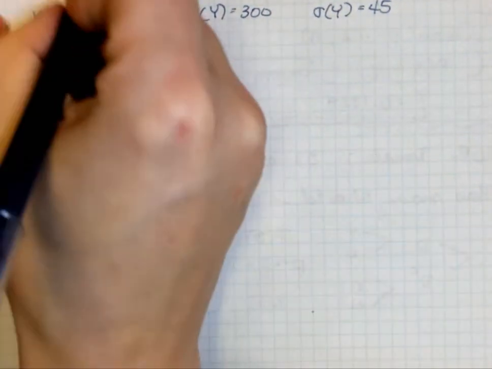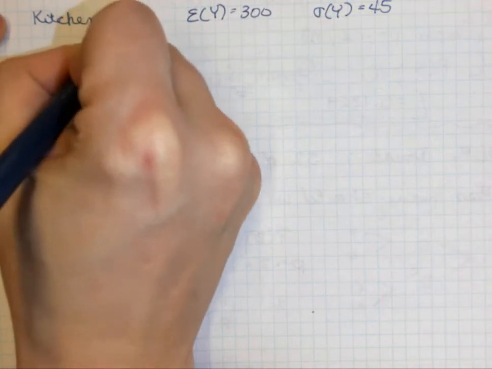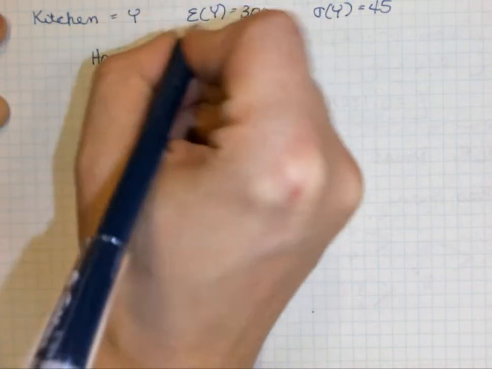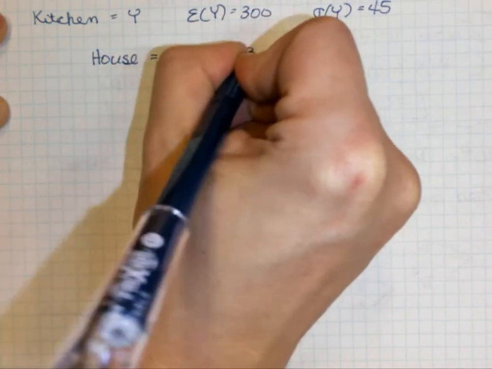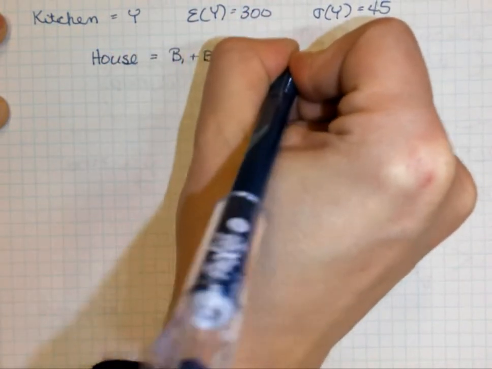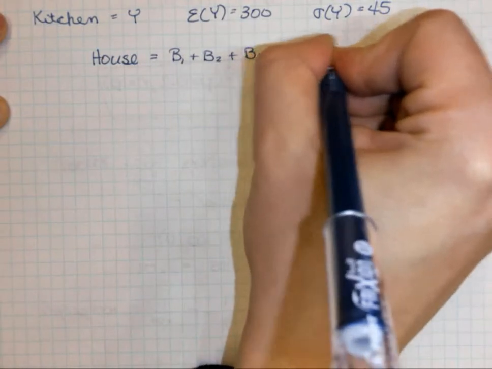Okay, and what we're doing here is we're saying the whole house is made up of 3 bedrooms, a kitchen, and some other stuff.